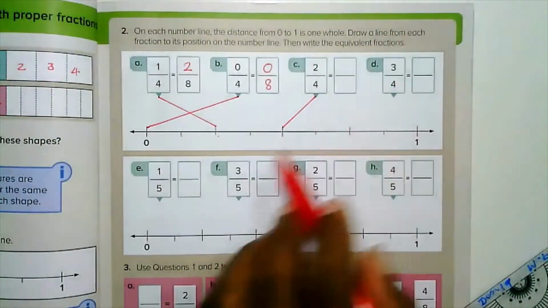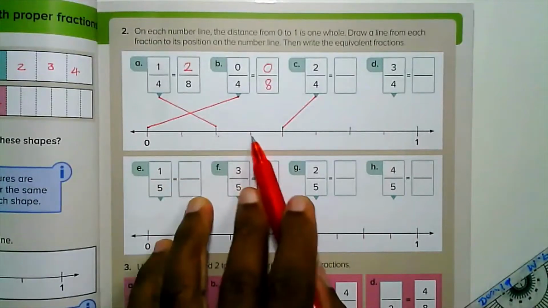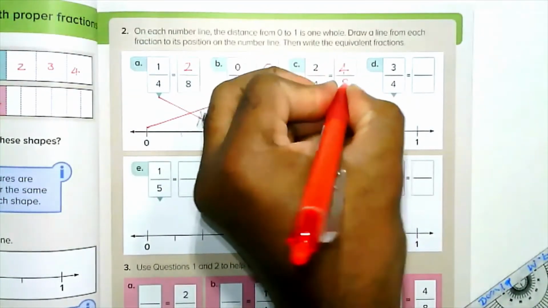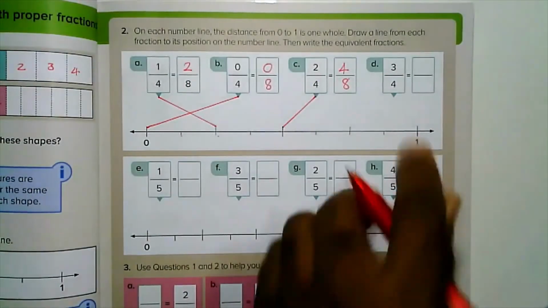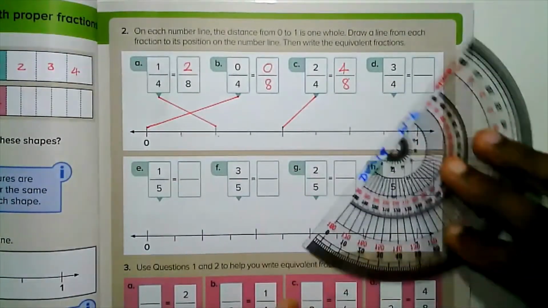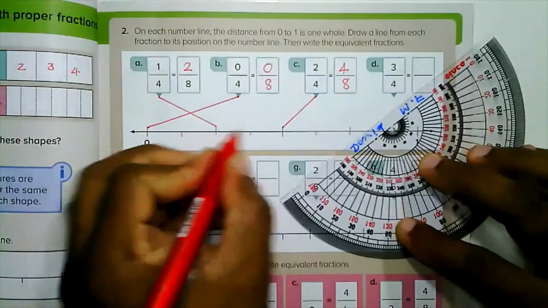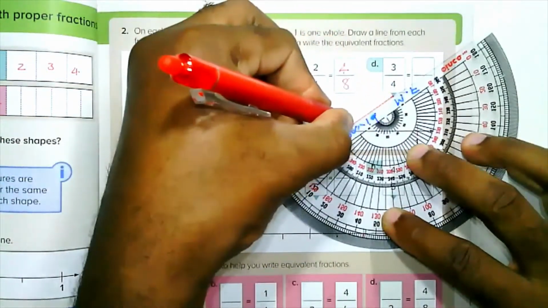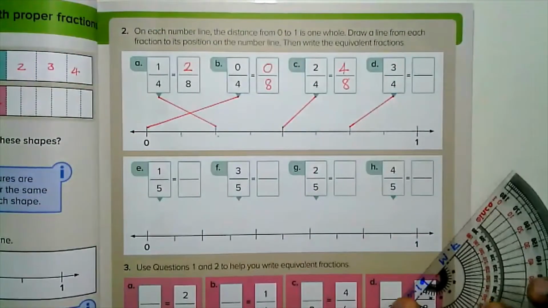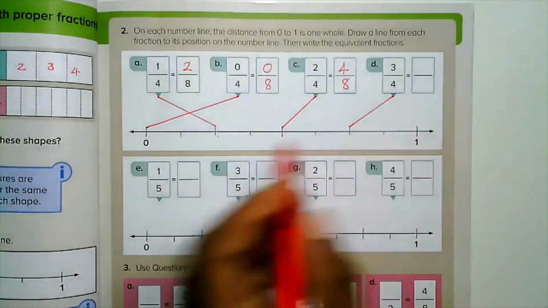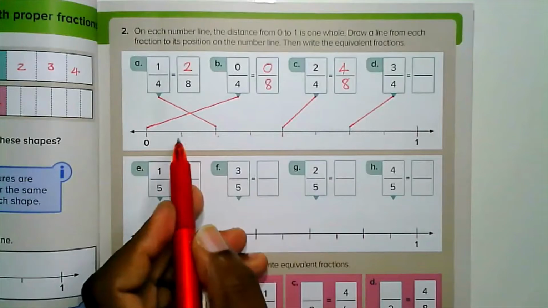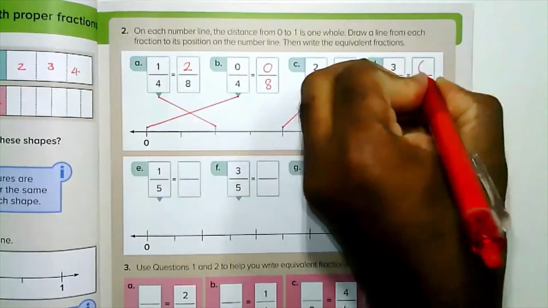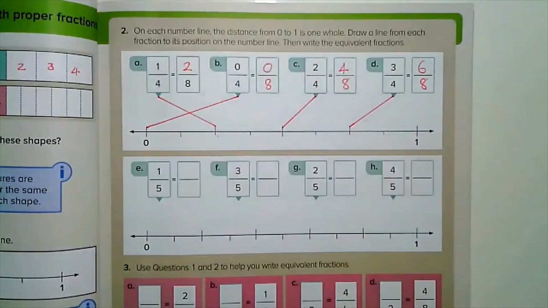So 2/4 will be 1, 2, 3, 4, 4/8. 3/4. 1, 2, 3. And the equivalent will be 1, 2, 3, 4, 5, 6. 6 of 8.